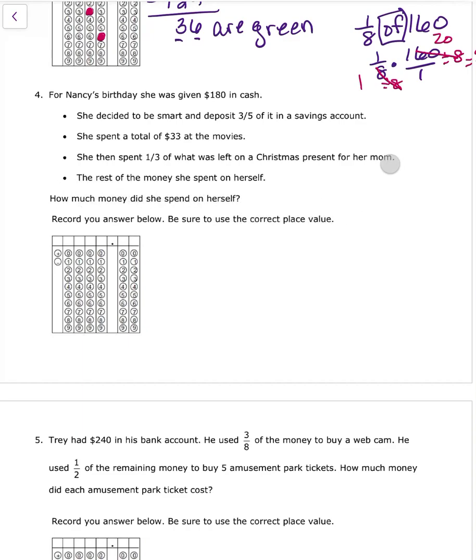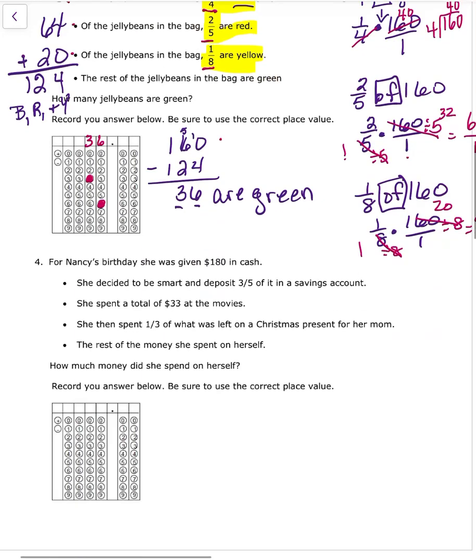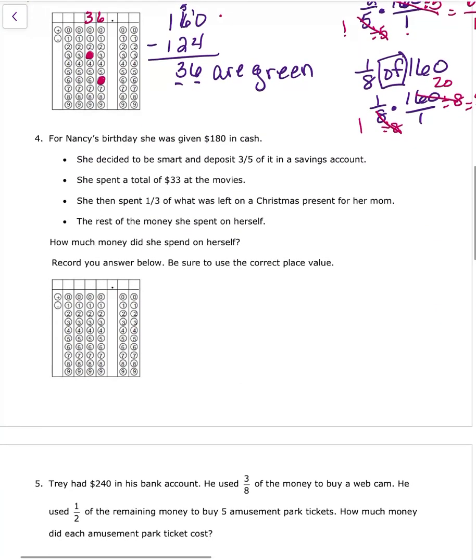Okay, so what's different about this one than the jelly bean one is that each one of the jelly beans was out of the total. But one of these down here with the money is not going to be out of the total. Okay, because right here it says of what was left. So that is not the total of the $180.